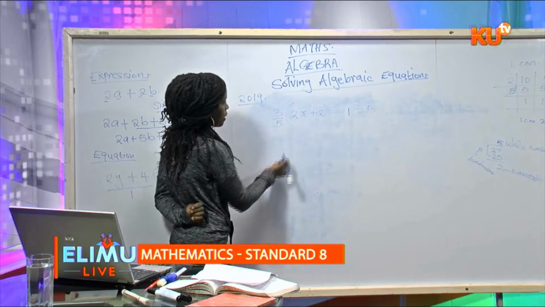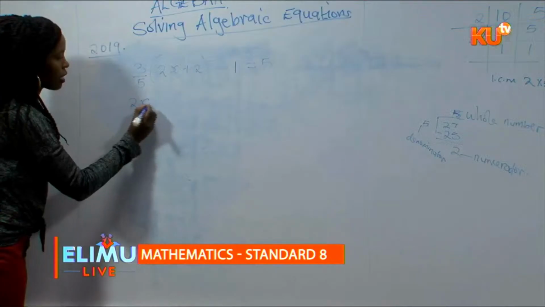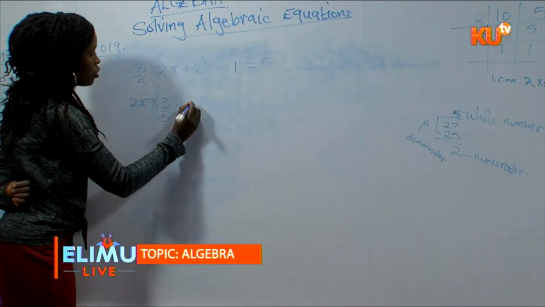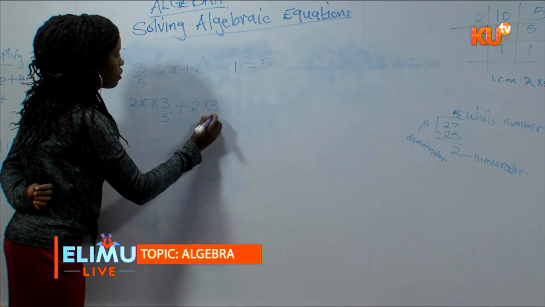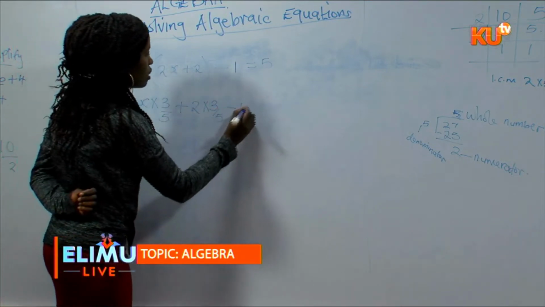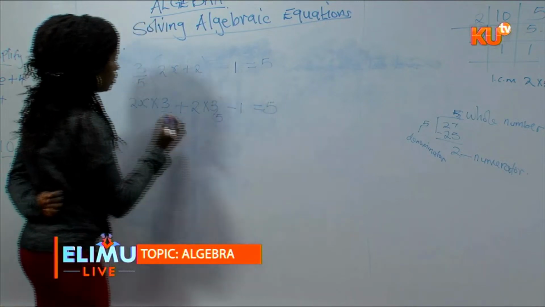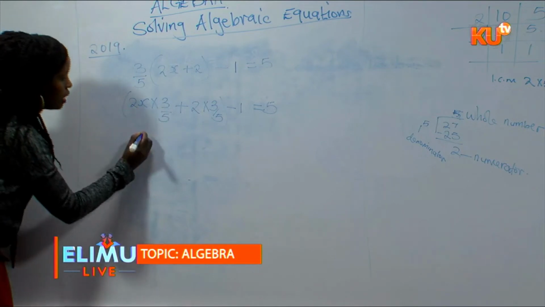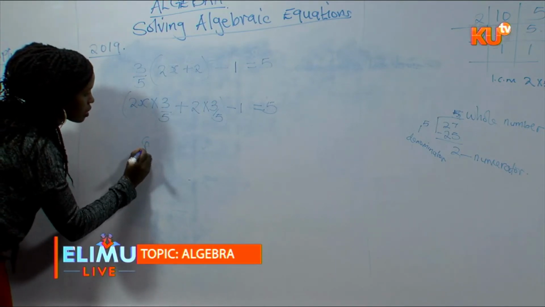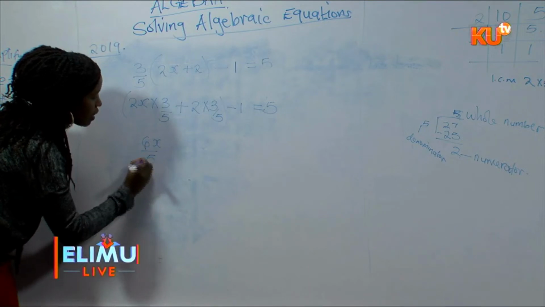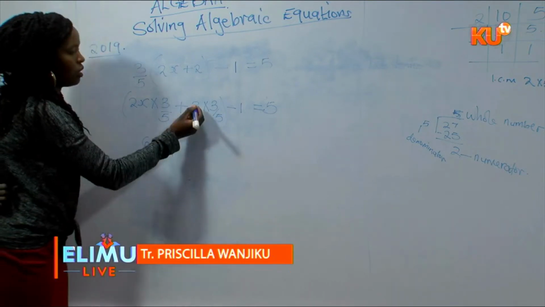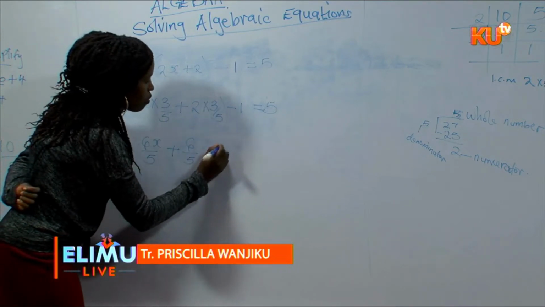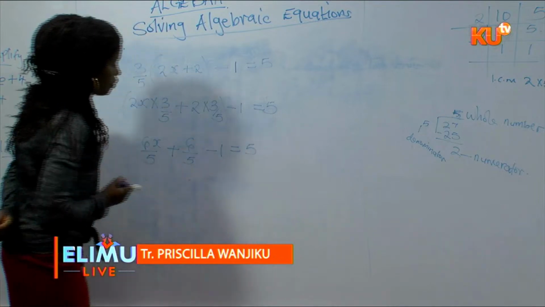That means I'll take 2x, I multiply by 3/5 plus 2 times 3/5 minus 1 is equal to 5. 2x times 3, I'm going to get 6x/5 plus 2 times 3, I also get 6/5 minus 1 is equal to 5.